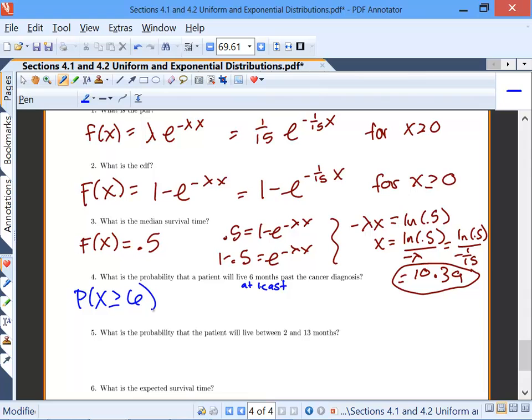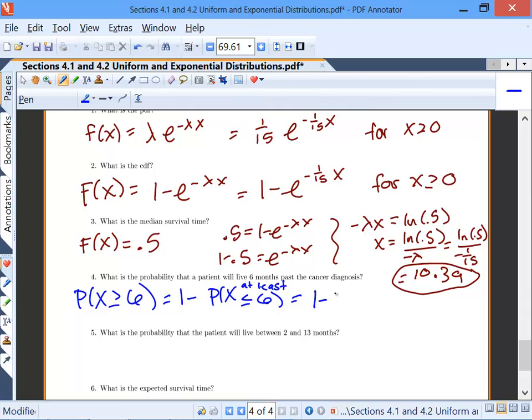If we use the PDF, we will have to integrate. If we use the CDF, we don't have to integrate. The CDF always tells me the probability that we are less than or equal to, so if I'm greater than or equal to, I need to do 1 minus. And again, it's a continuous distribution, so it doesn't matter if I have greater than or equal to or just greater than.